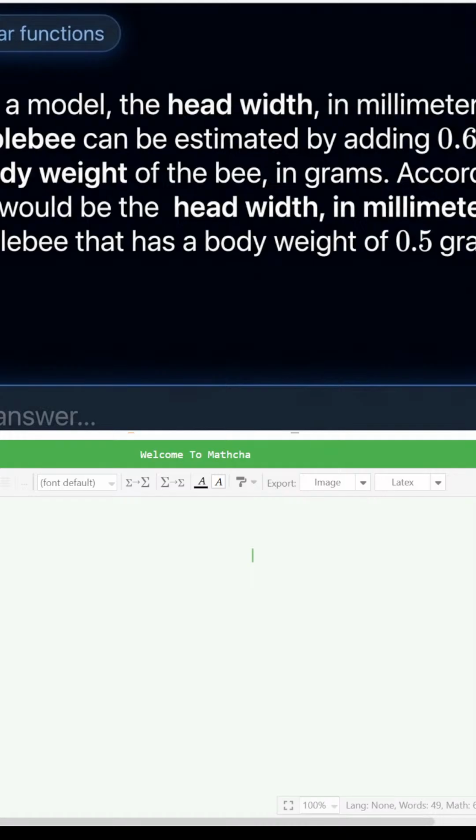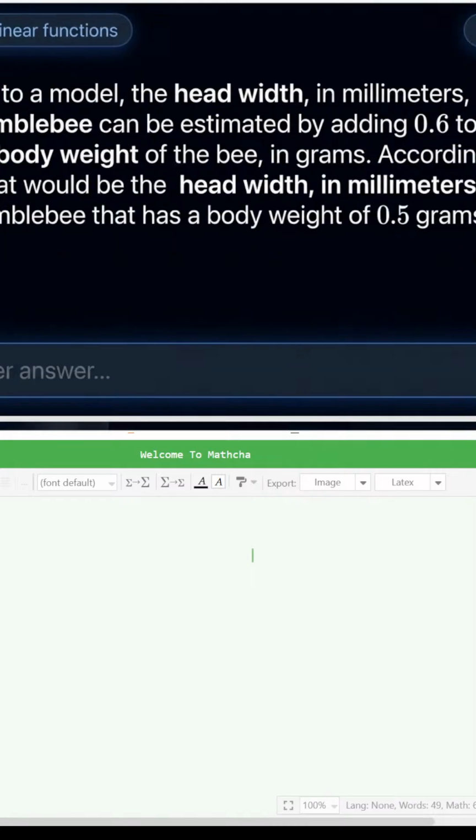So here it is given that according to a model, the head width in millimeters of a worker bumblebee can be estimated by adding 0.6 to 4 times the body weight of the bee in grams. According to the model, what would be the head width in millimeters of a worker bumblebee if its body weight is 0.5 grams?